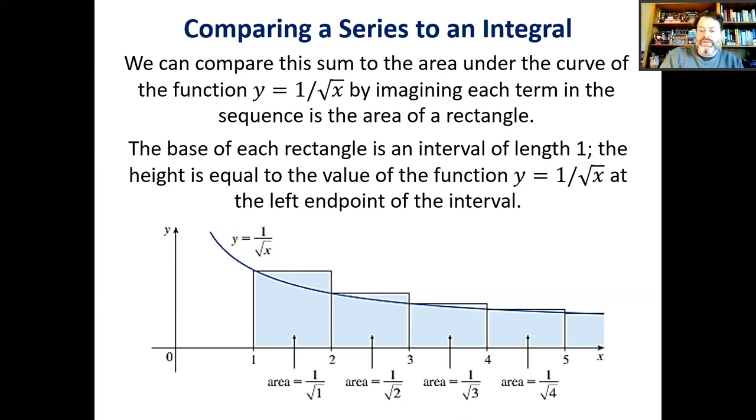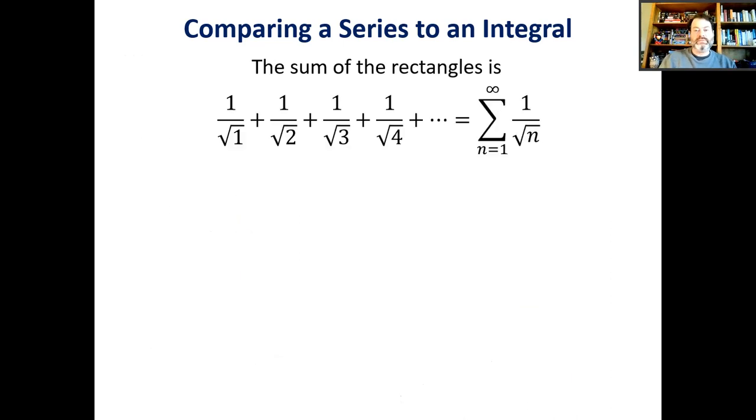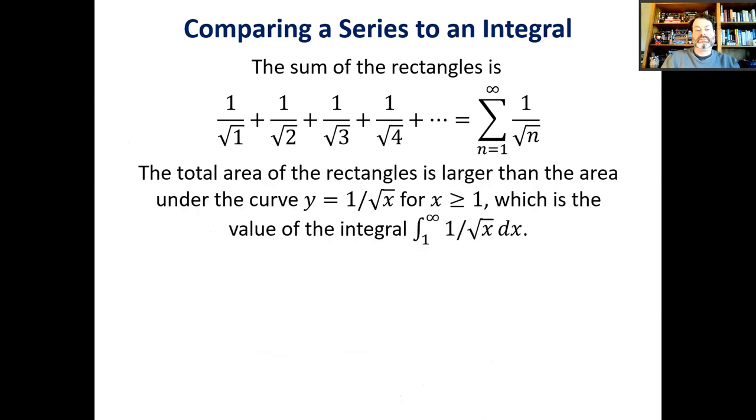So we can see that the area of the sums, as we add it up, is always greater than the area of the integral from 1 to infinity. So if we can show that this integral diverges, it'll show that the sum diverges. The rectangles are exactly our series, and we can see the rectangles are in fact larger.